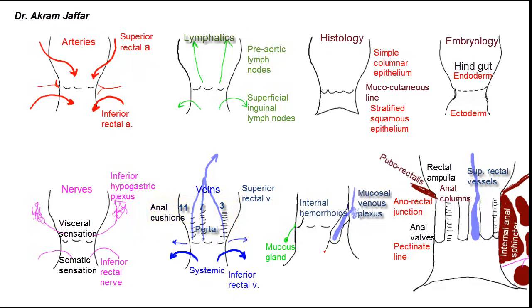This prolapse might continue to the outside, containing the veins, and so these veins might get strangulated. The prolapsed hemorrhoids easily bleed because they contain the mucosal venous plexus, and bleeding here is usually of bright red blood because of abundant arteriovenous anastomosis in the region.